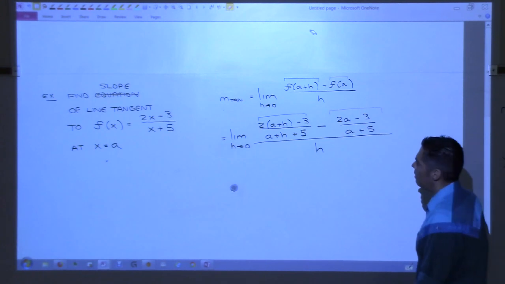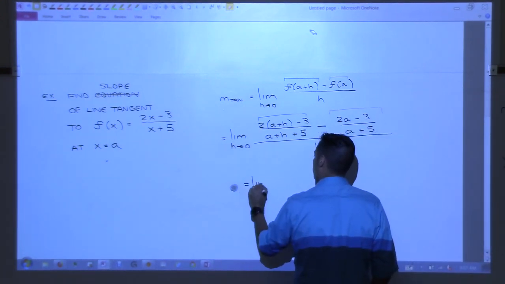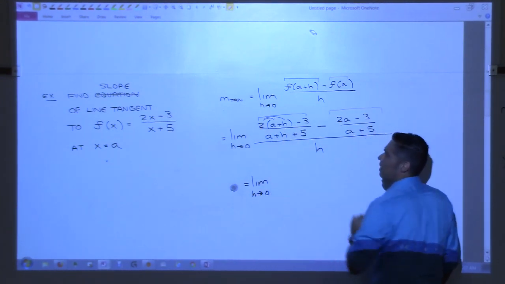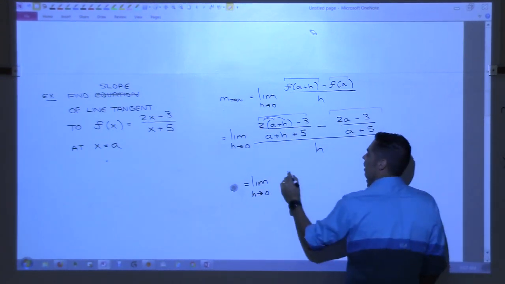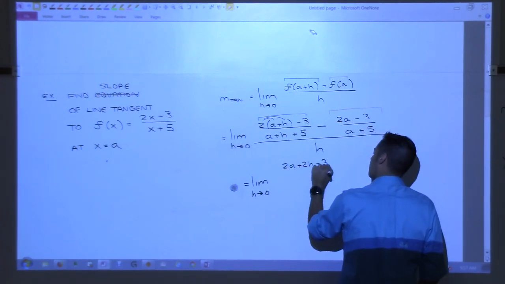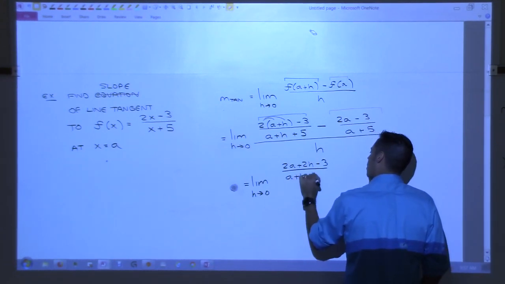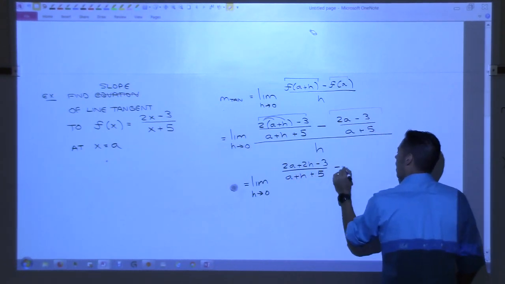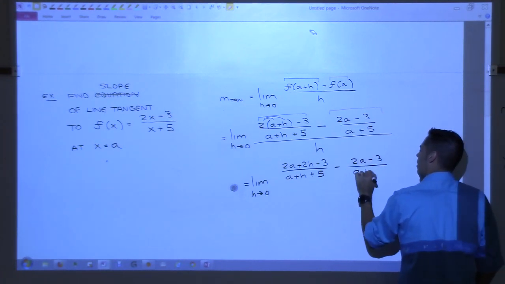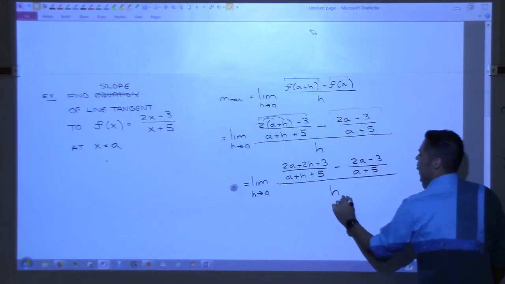I think I might clean up a little bit, but there's not much cleaning up I can do. I could distribute the 2 through here, right? That would be legitimate. So let me do that. (2a plus 2h minus 3) over (a plus h plus 5) minus (2a minus 3) over (a plus 5), the entire quantity over h.